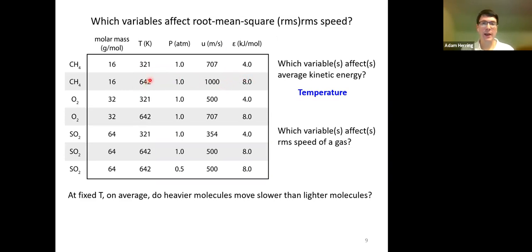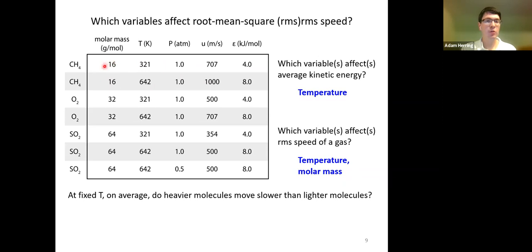When you look at what variables are affecting the RMS speed, we see that temperature and molar mass are affecting it. So for the same collection of gas molecules at different temperatures, we see that the speeds are changing. Notice, however, that it's not a linear increase. Doubling the temperature does not double the root mean square speed.